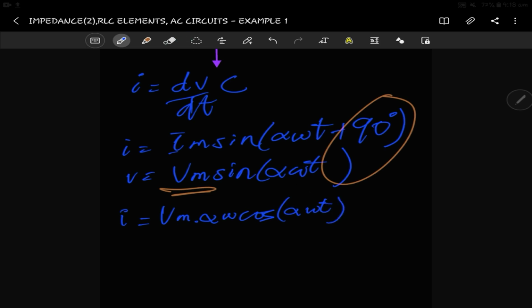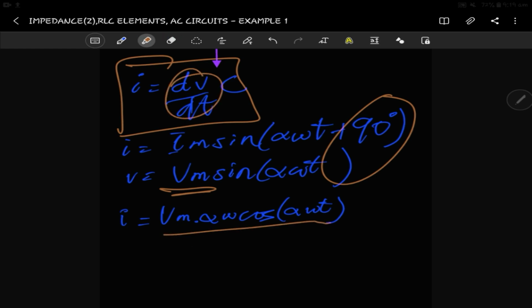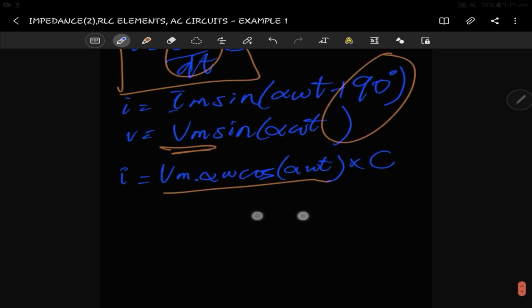We have the V derivative, which we found, and the next thing to put there will be just the C.